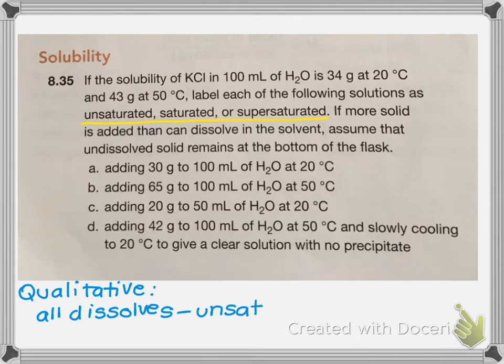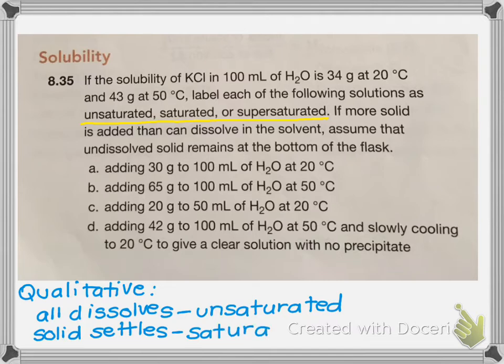That's what I would expect. Now I know at the solubility limit, when it's saturated, it will all dissolve at that point, but if you go above it, so if you have solid that settles, then I would think that that solution is saturated.